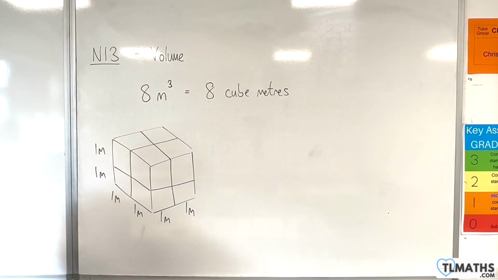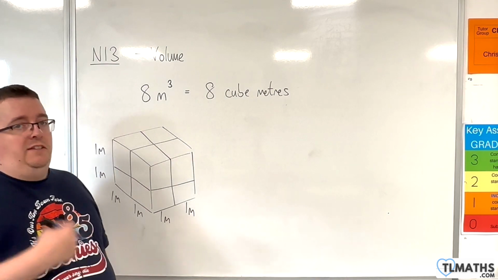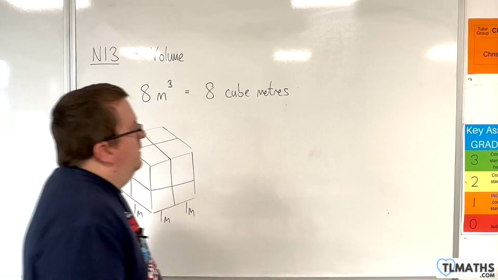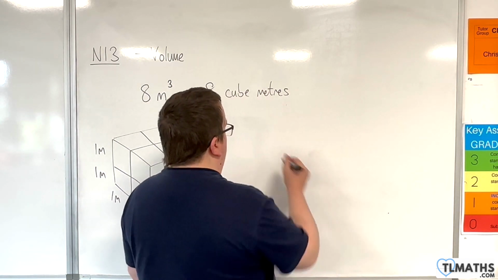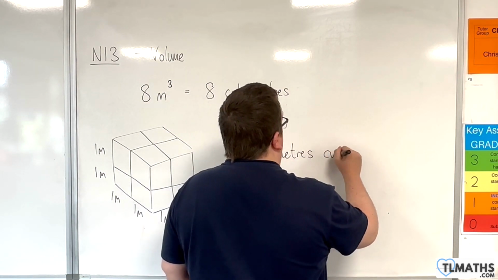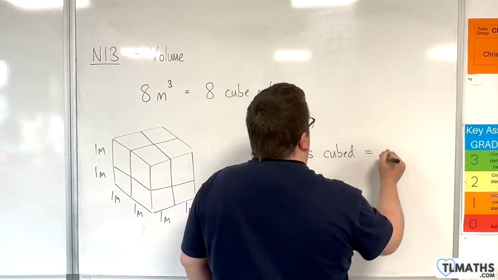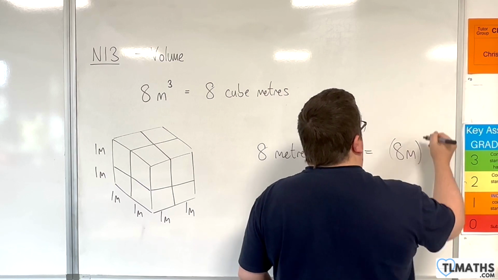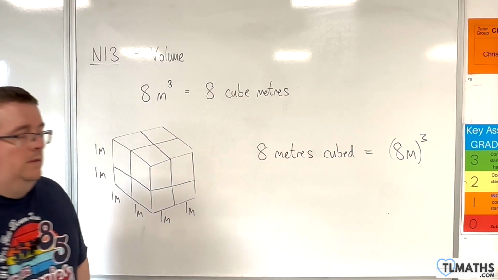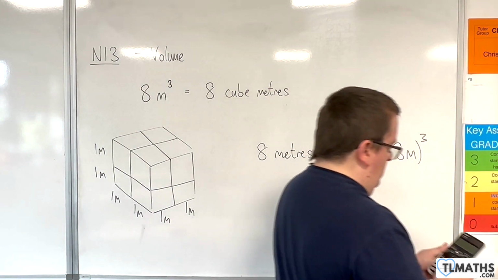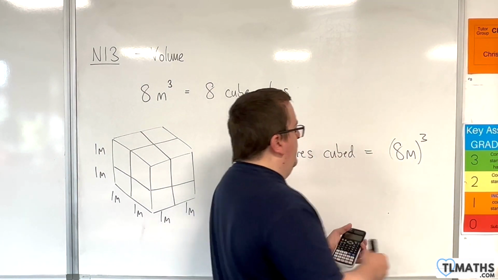Okay, as opposed to 8 meters cubed, where if we said 8 meters cubed, then this would be this. Okay, what's 8 cubed? Not one that I kind of remember. 512.